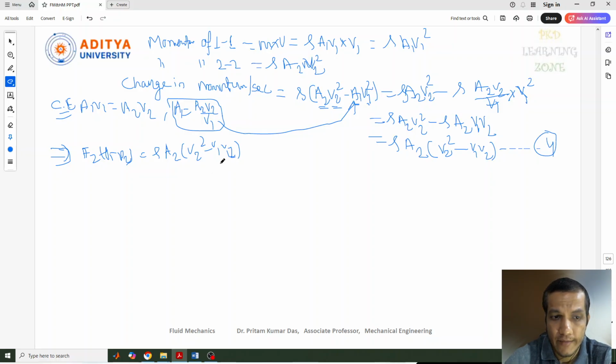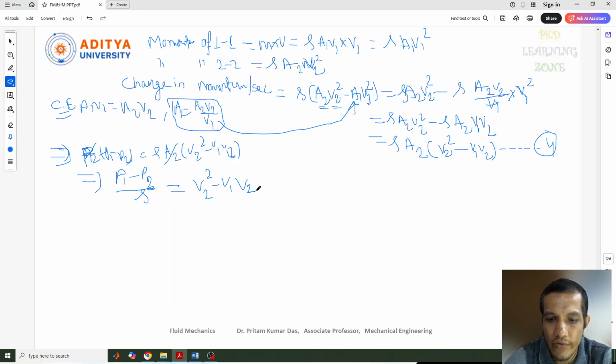Now I'll take this ρ to this side and write (p1 minus p2) by ρ. The area a2 is there on both sides, so a2 can be cancelled here. I have taken ρ to this side. On the right hand side, v2 square minus v1 v2.